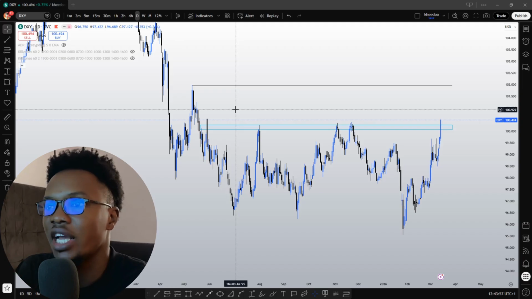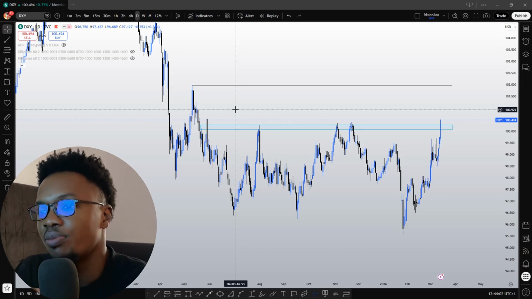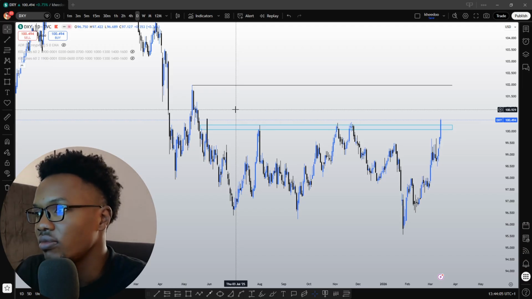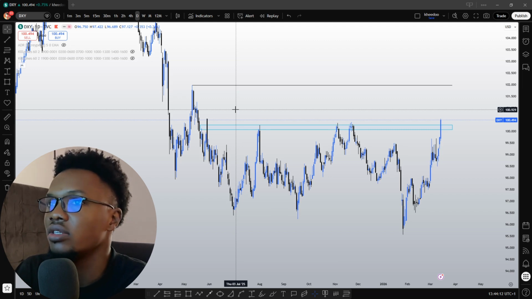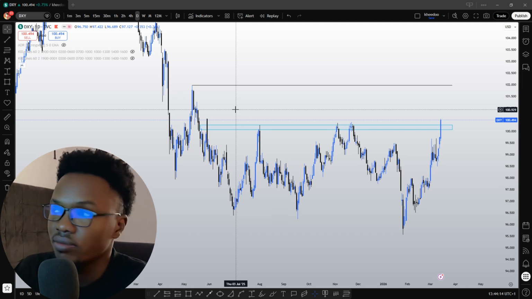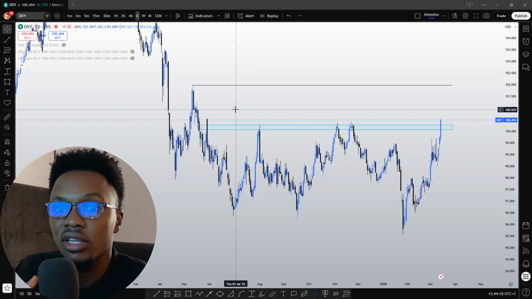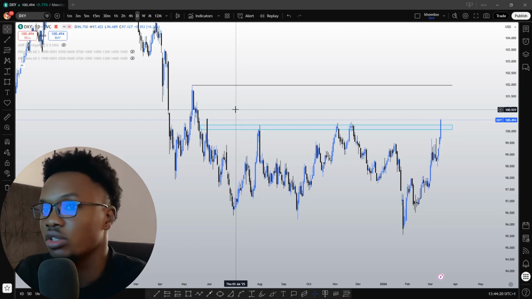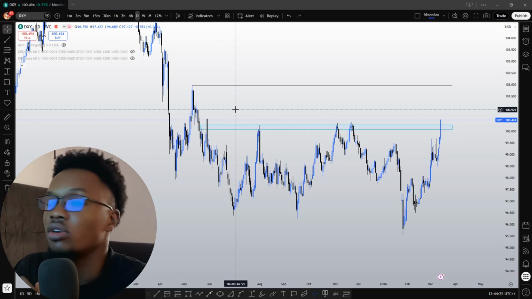A lot of people are conflicted on what the Fed is going to do, but I know that they're going to keep interest rates as they are. If they keep interest rates as they are, then I'm not sure I'll see anything too crazy from the dollar index. But like I said, there is other important news across the board next week. So it's going to be an exciting week, and you all should stay tuned.